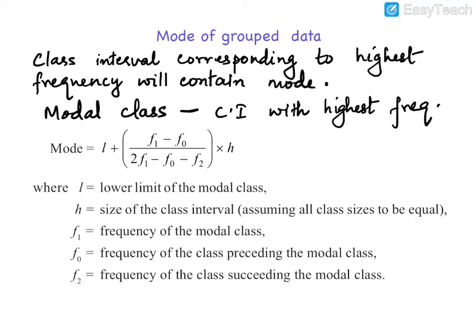The mode can also be calculated for grouped data that has unequal class sizes, but in this chapter the syllabus is limited to data that has equal class sizes. So we will calculate mode only for data that has equal class size. This is a very easy formula to apply. You just have to remember the formula correctly.